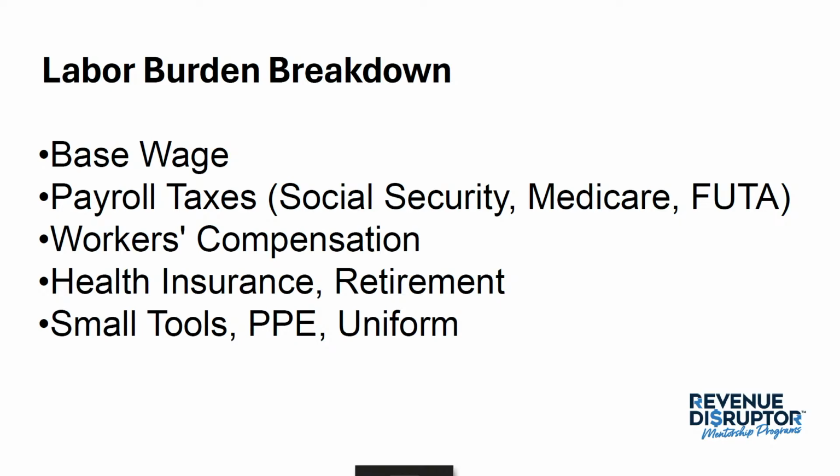costs with those rates. Small tools. Now sometimes with construction companies, if you have tools, you may be able to cost it to the job specifically, but let's just say you have PPE or certain things that they need to have all the time. I'll give you a great example for small tools. None of us, I believe, are out there installing scaffolding, but my scaffolding company sent the crew out.